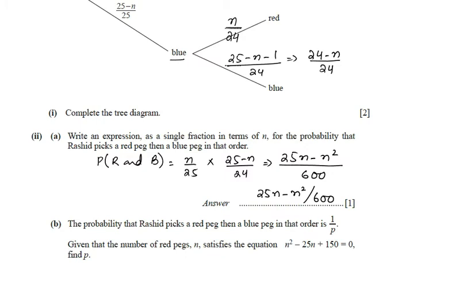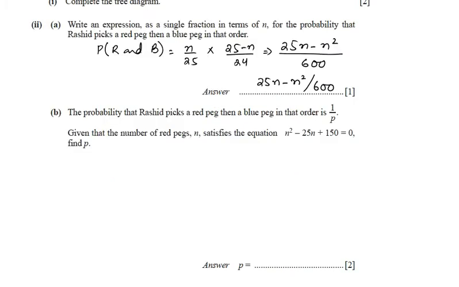Now when we keep this probability equal to 1 upon p, let's see how we will simplify this. Here we have 25n minus n square upon 600 is equal to 1 upon p. Now when we shift 600 to the right hand side and take a common negative sign from the numerator, it's minus n square minus 25n is equal to 600 upon p.